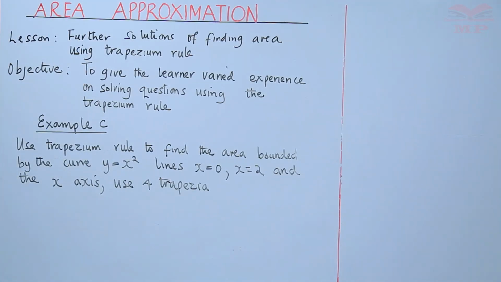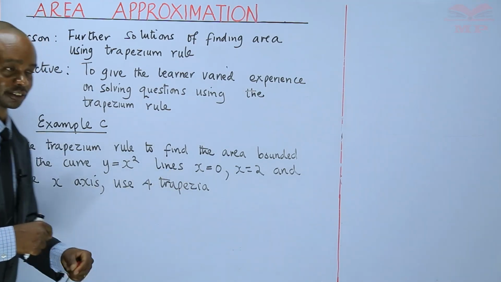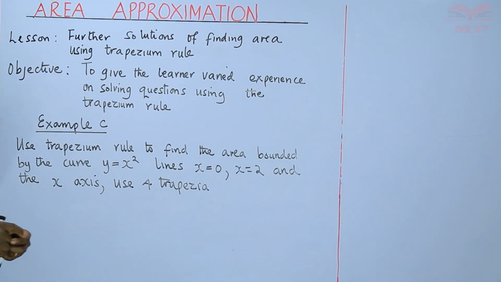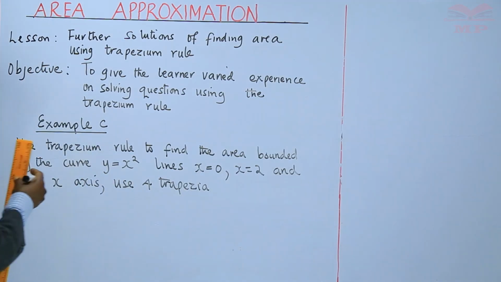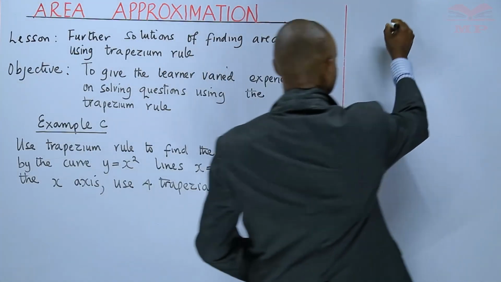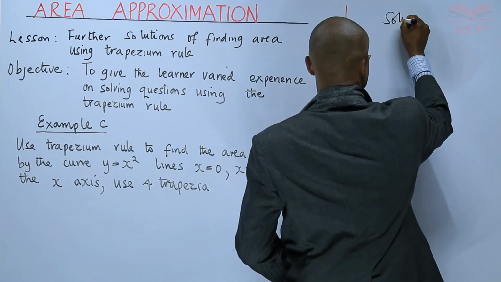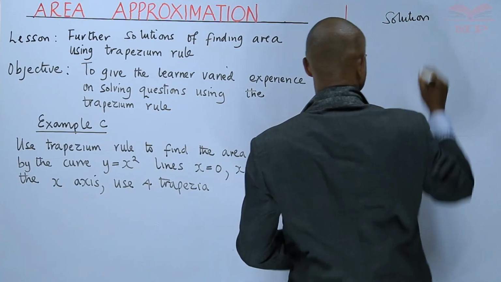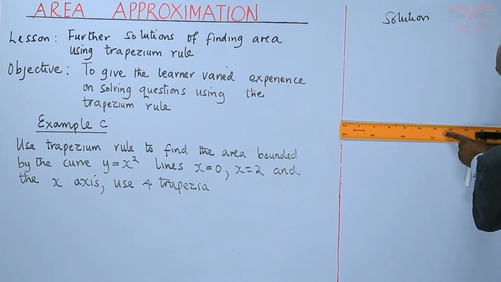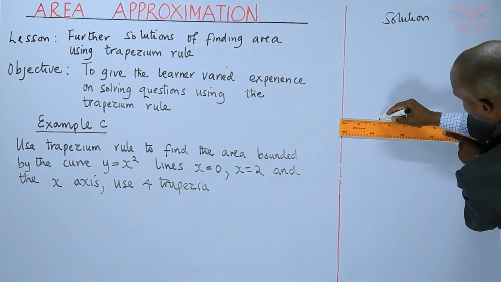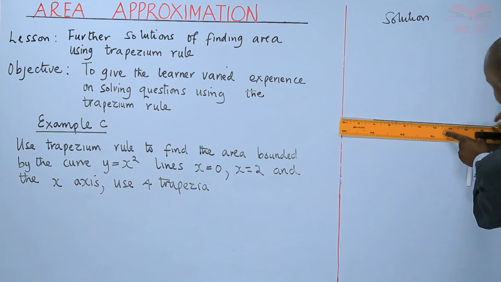So what we are having, there's the curve, there are those 2 lines. You can get a simple sketch of that. You can sketch there. They talked of the x-axis.